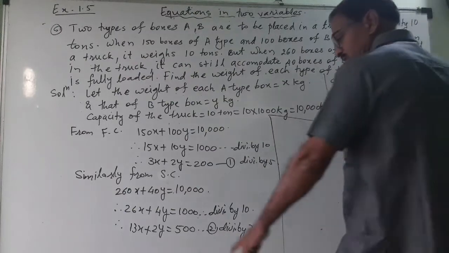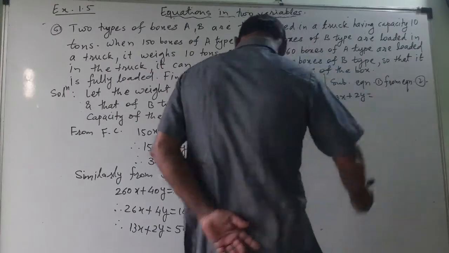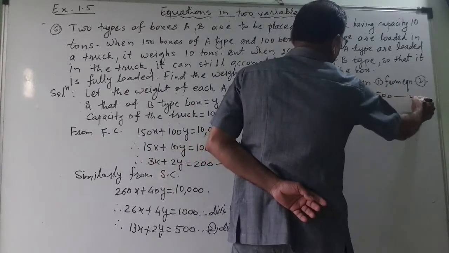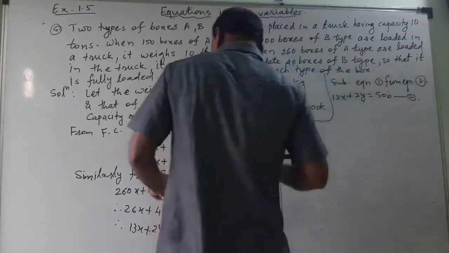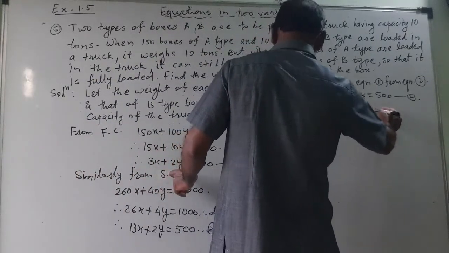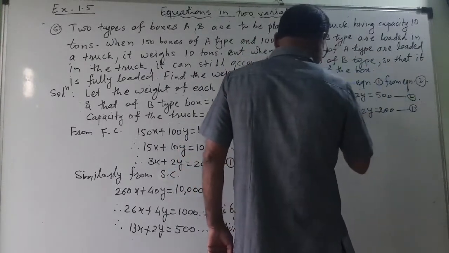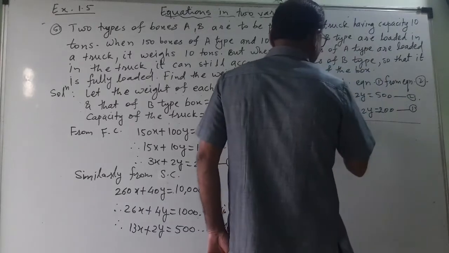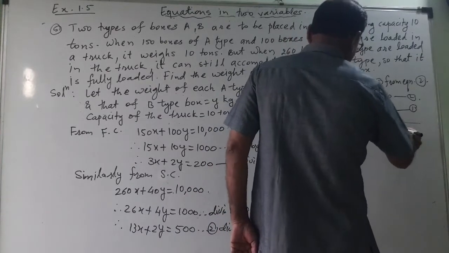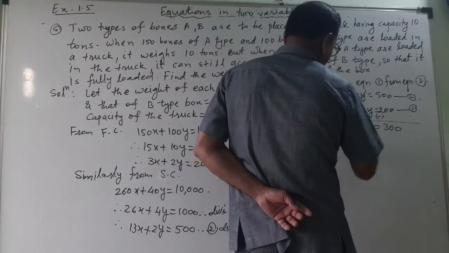So 13x plus 2y is equal to 500, this is equation number 2, and 3x plus 2y is equal to 200, this is equation number 1. I am subtracting, so give a minus sign and change the signs. And this is equal to 300. This 2y gets cancelled. This will be 10x. Therefore, x is equal to 30.